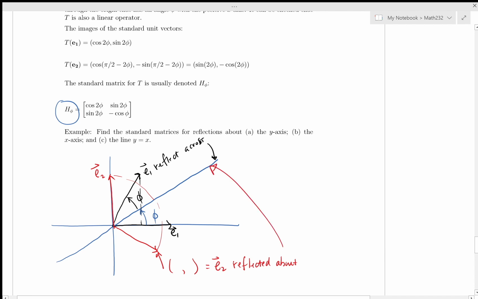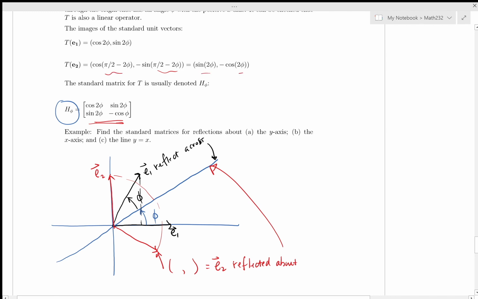Okay, we put those two things together and we find the transformation matrix that allows us to reflect any vector across a line which is an angle phi from the x-axis. I highly encourage you now to just work through the details, see where these things are coming from, and then the trig identities that allow you to get to here.